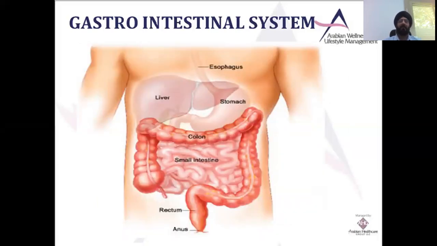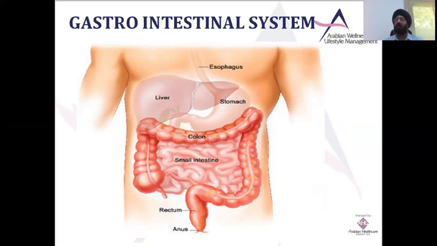Then this food is digested, and the semi-digested food passes through the pyloric orifice to the small intestine, where most of the absorption takes place.